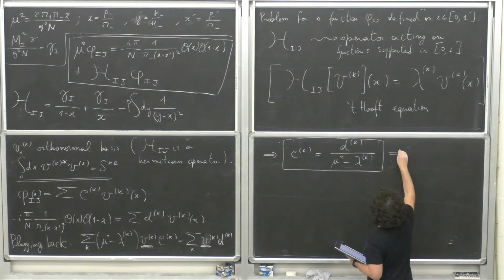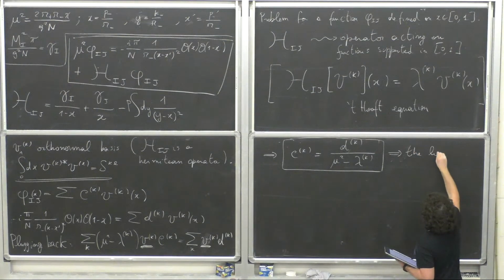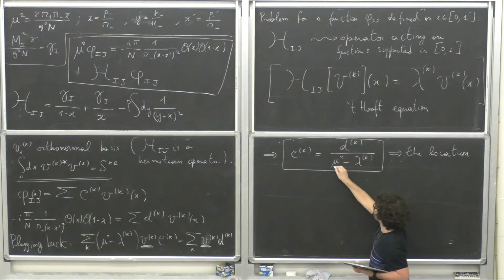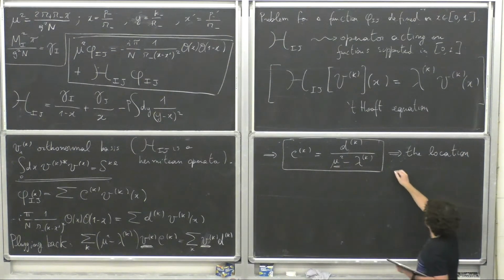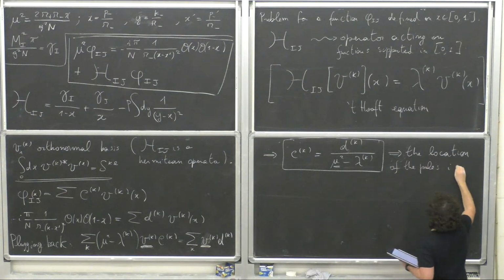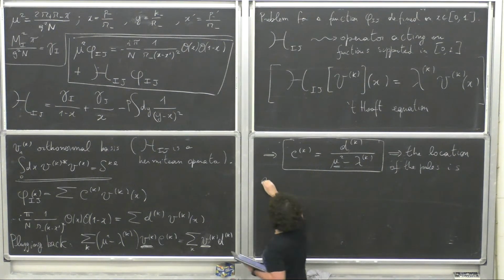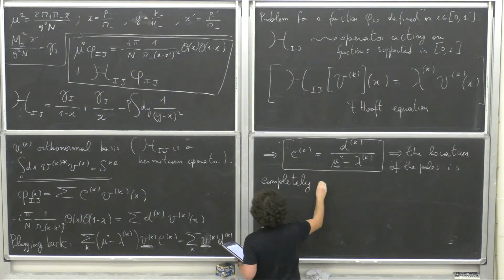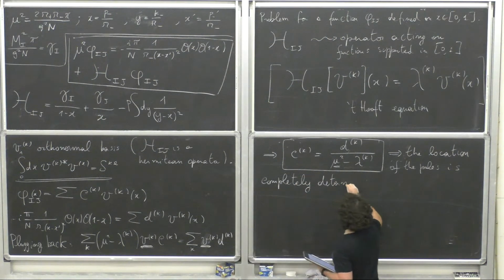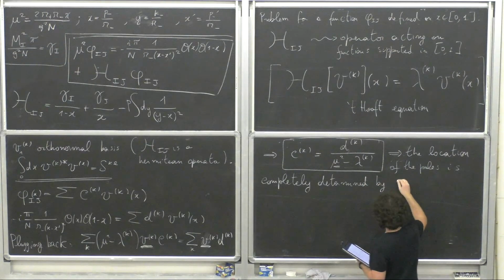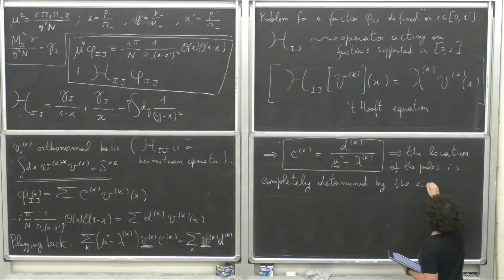Okay, so you see, now this means that the location of the poles, you see I have a pole here in the variable mu squared, the location of the poles is completely determined by the eigenvalues of H_ij.